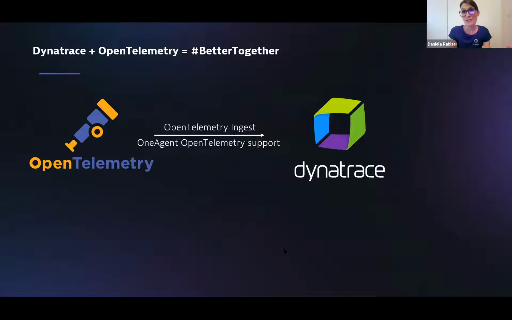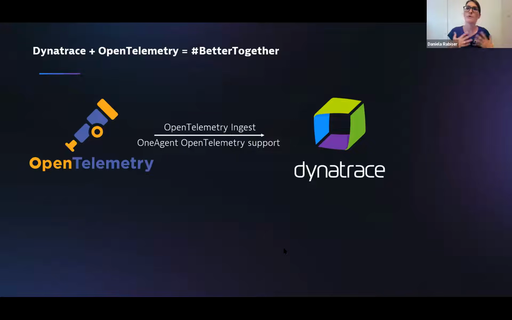So we know OpenTelemetry well. Dynatrace has been contributing to OpenTelemetry since the very beginning. Dynatracers are even part of the project leadership team. We have one colleague who is part of the technical committee and another colleague who is part of the OpenTelemetry governance committee. And so it comes naturally that we support the OpenTelemetry data format.